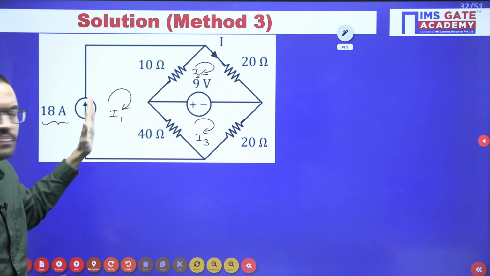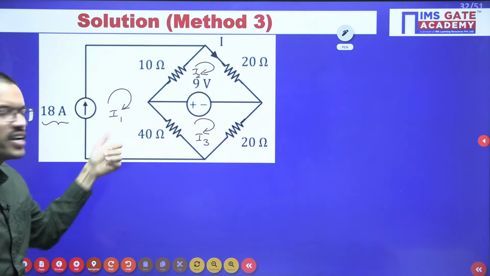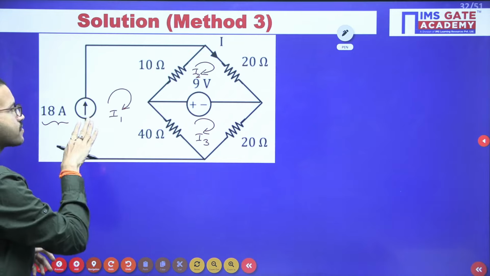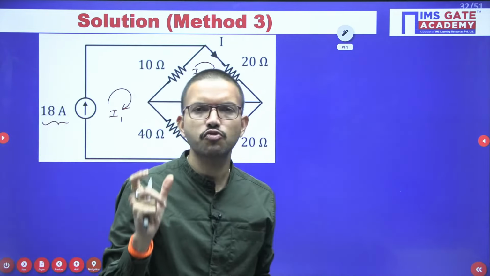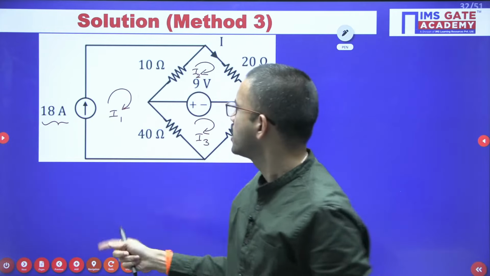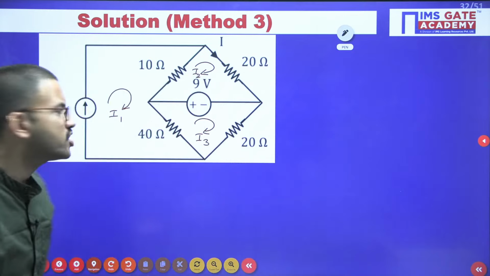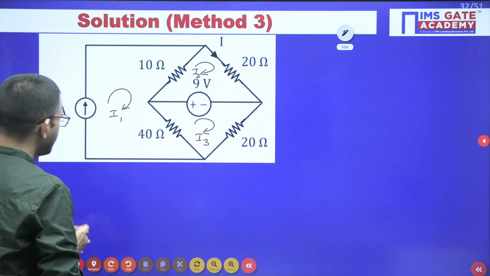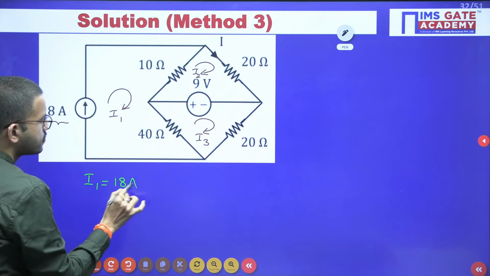So this is the branch current, and in this particular mesh, the mesh current flowing is I1, right? So whenever you're having any branch current value, if you know, and if that branch is only part of one particular mesh, then the branch current and mesh current both are same. So with this understanding, we can directly write I1 equal to 18 ampere.